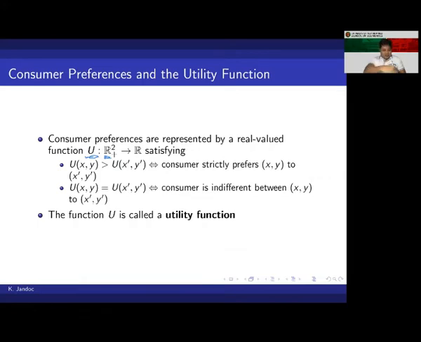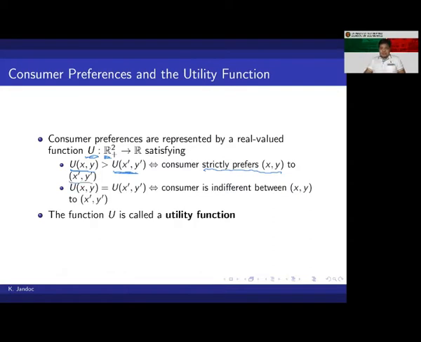So if the number that the function u spits out at xy is larger than the number that the function u spits out in another alternative bundle, x prime, y prime, this means that this consumer strictly prefers the bundle xy to the bundle x prime, y prime.